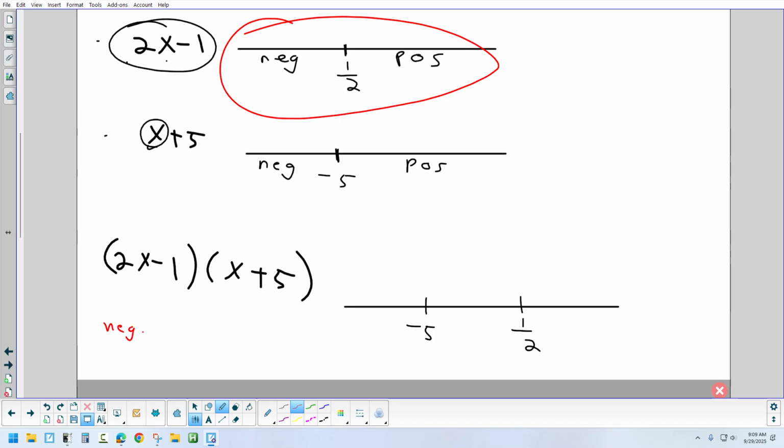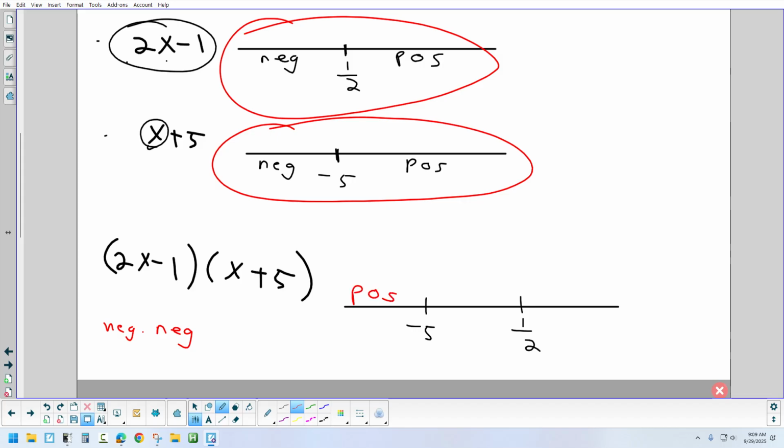And if I'm lower than -5 on this number line, what section would I be in? Negative. I'd be in the negatives. So if you pick a number lower than -5, you're going to be in the negative on both. And a negative times a negative gives me a positive.